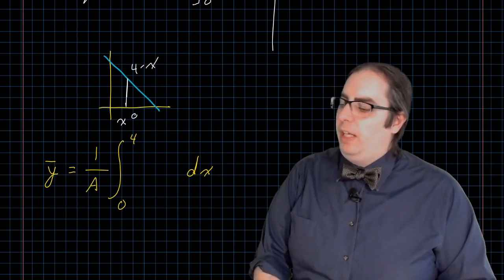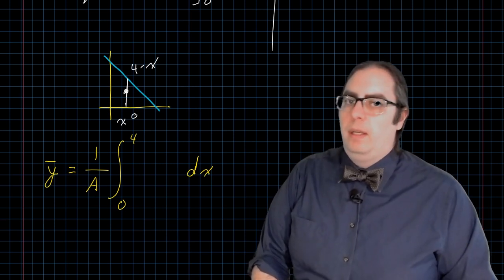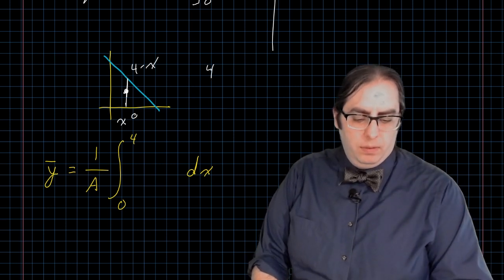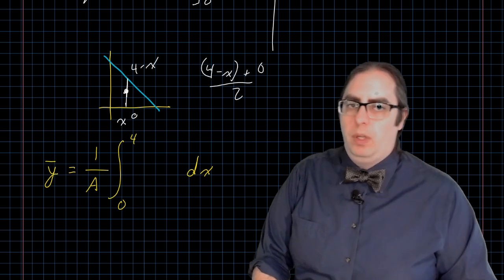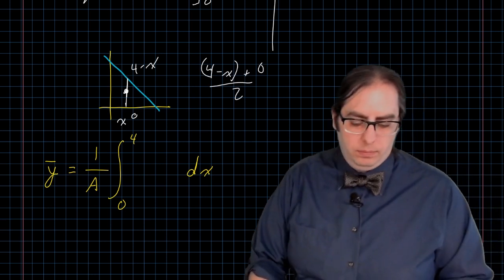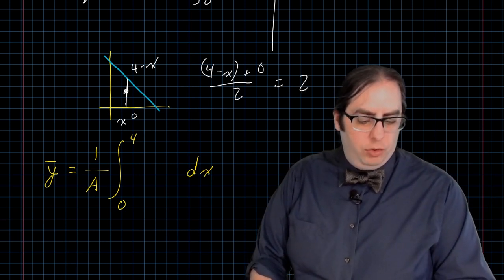The bottom of the line is at the point 0. The midpoint of that line is (4 minus x plus 0) over 2, the average value between those points. In this case, that's 2 minus 1/2 x.